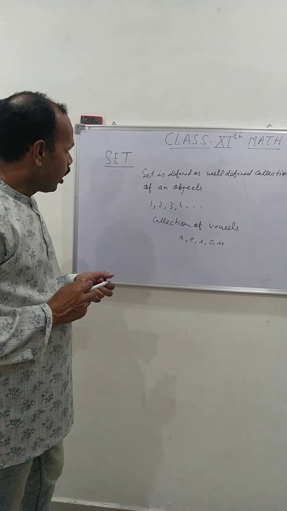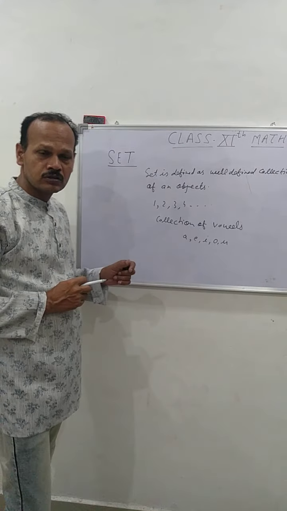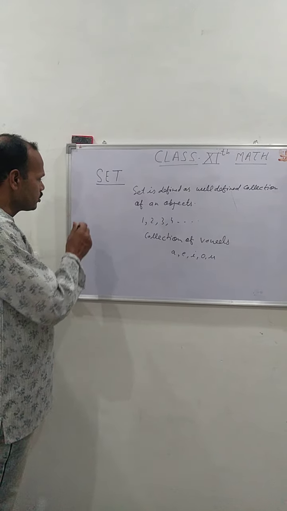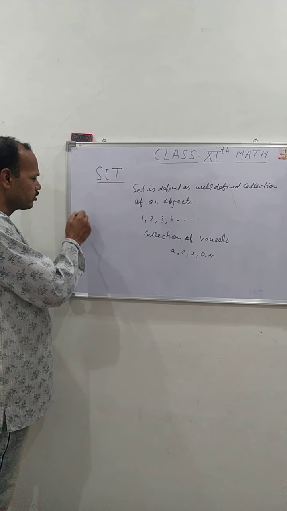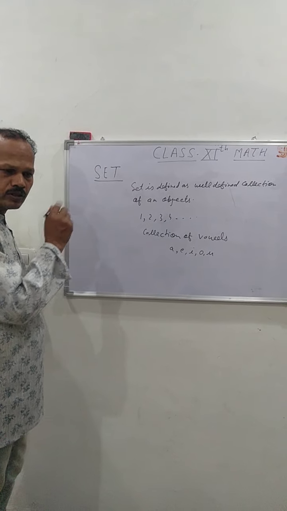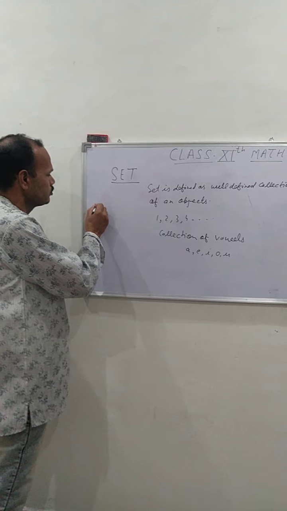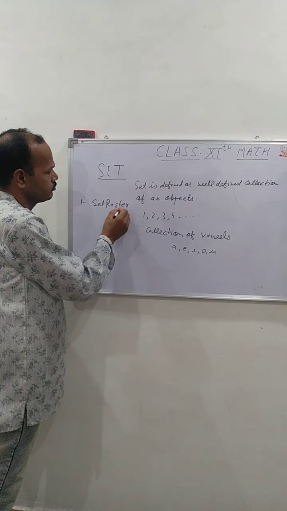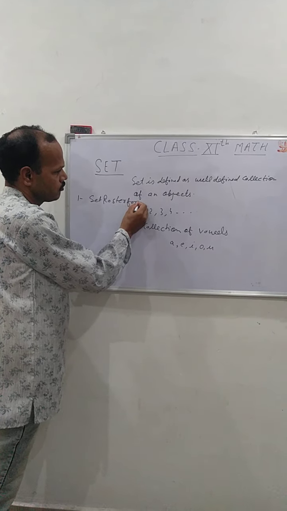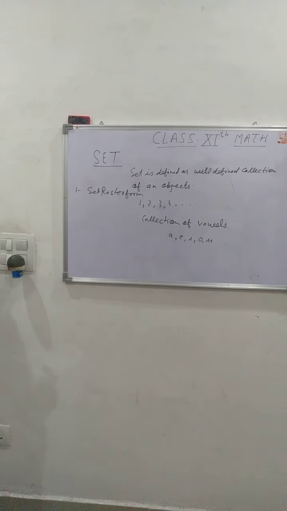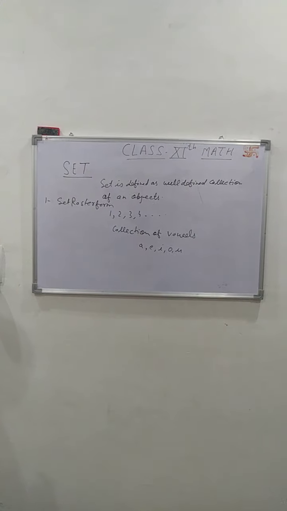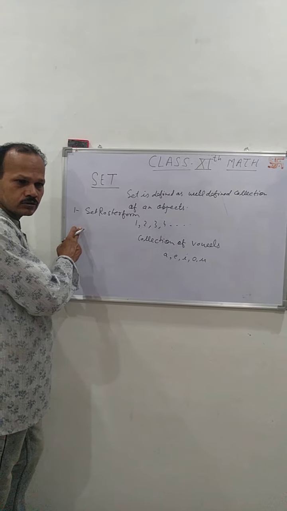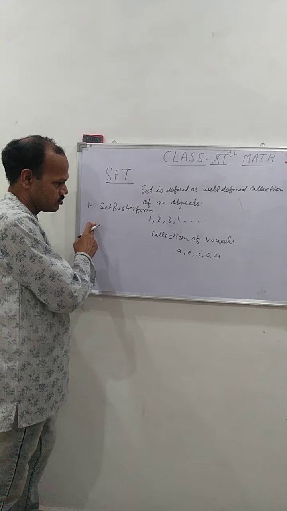Second thing, how we can represent these sets. What are the methods to represent a set? Basically we have two methods by which we can represent sets. Number one, set roster form. In this case, we list the elements by using commas inside curly braces.